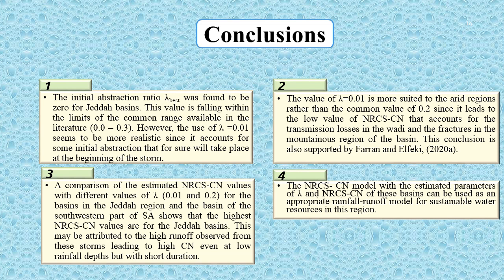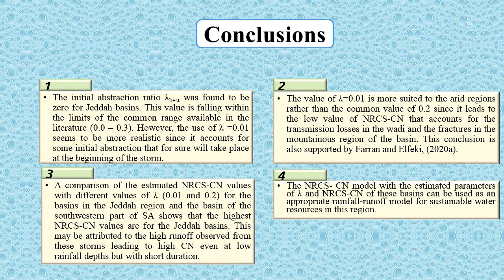The reason is that we have really high runoff observed in Jeddah, with high Cn at low rainfall depths but short duration. This means high intensity rainfall happens in the Jeddah basin, which leads to high runoff and high Cn.